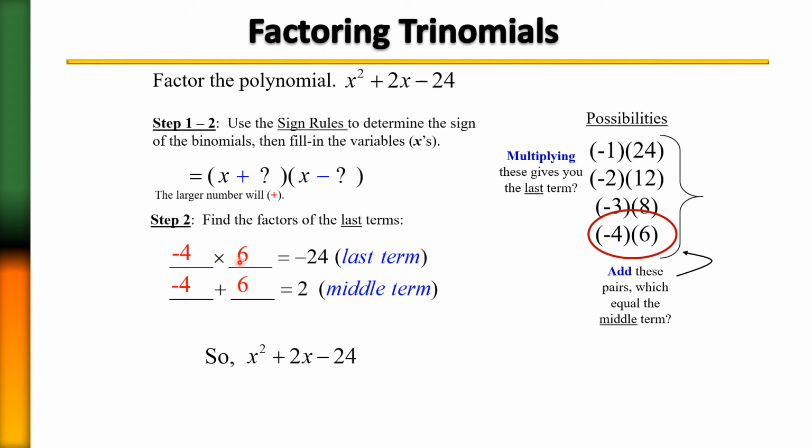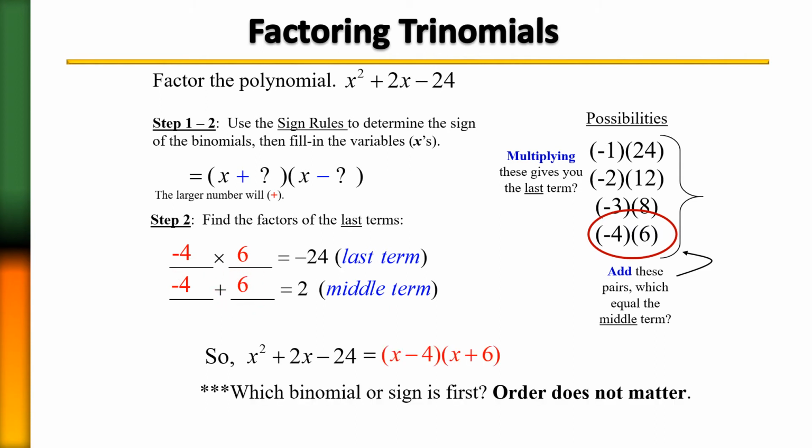Negative 4 times positive 6 does equal negative 28. Negative 4 plus 6 does equal positive 2, which is my middle term. Everything checks out, so it's going to be x minus 4 and x plus 6. And that is what that trinomial factors into.